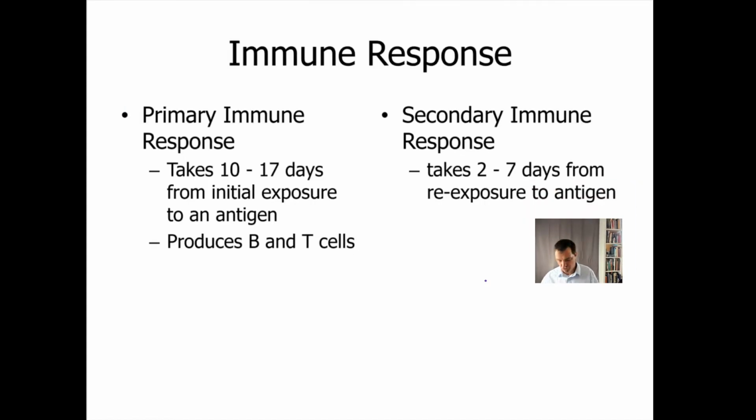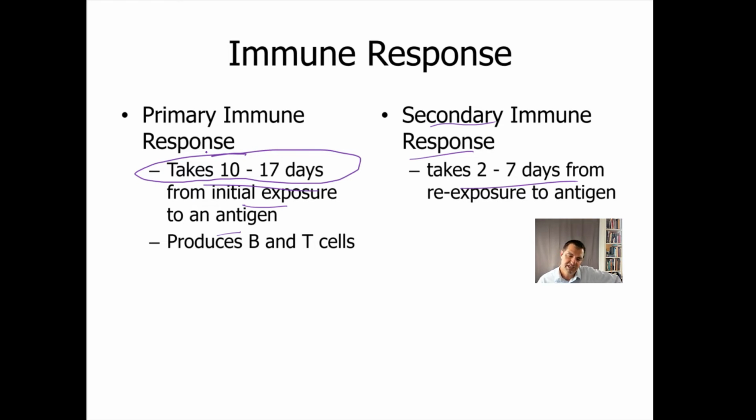Now, normally the immune response when you first pick something up is slow. It takes 10 to 17 days from the initial exposure to an antigen, and then you start producing B cells and T cells, and the secondary response is usually much quicker. Now, you might look at this and wonder, wait, with COVID-19, if you get infected with it, it seems like you get really sick in 2 weeks.